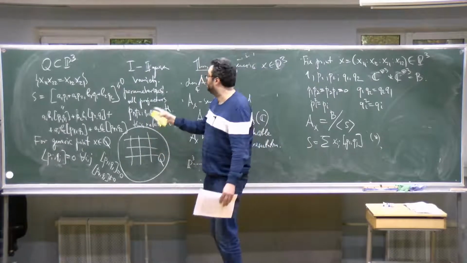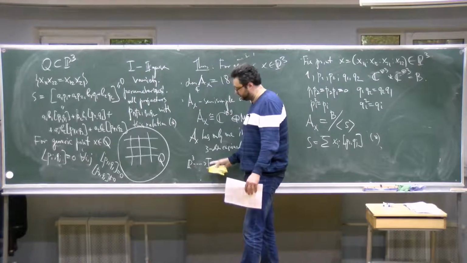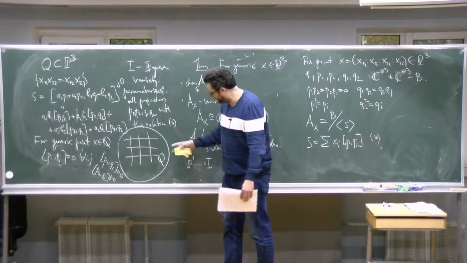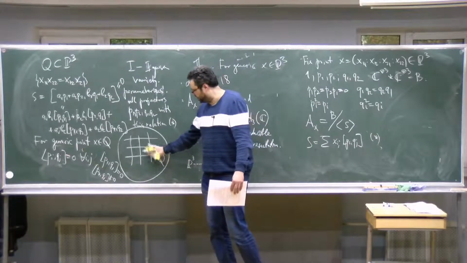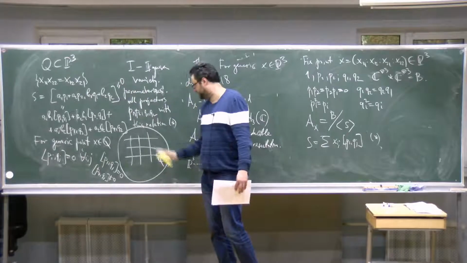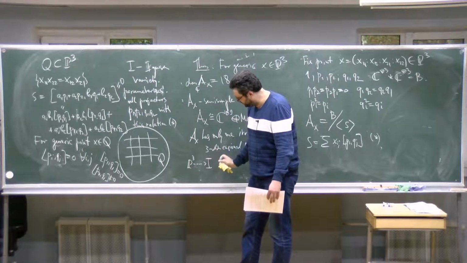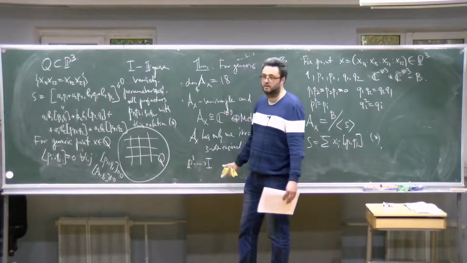So this map from P3 to I is the following. We have to blow up this curve, blow down this quadric, and after this we have to take projective duality.